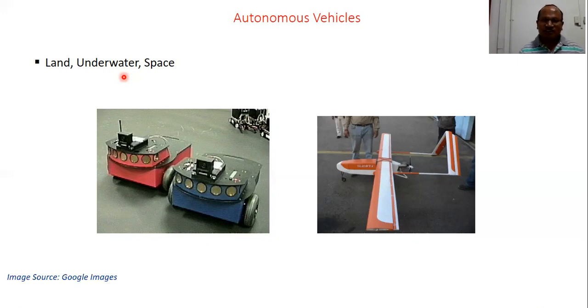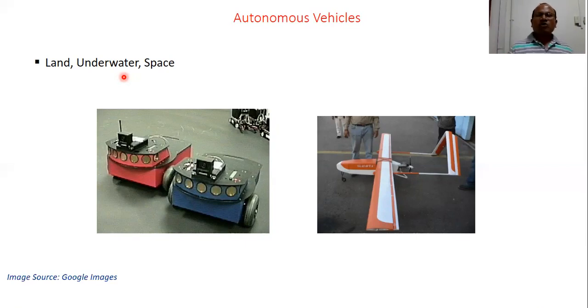No driver, so the driver will not get irritated due to the crowd, the rain, or the poor condition of the road. This will all be managed, handled, and appropriate decisions taken by the driverless car using artificial intelligence, sensor technology, and machine learning.